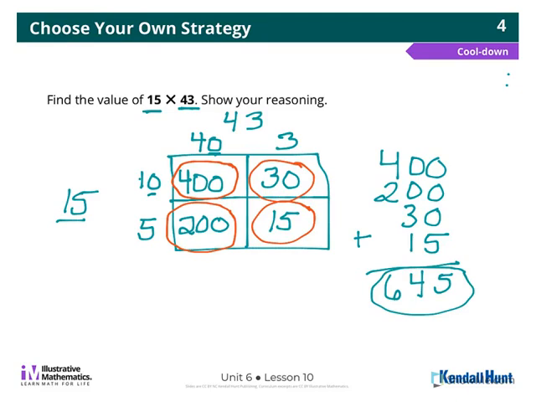Okay, many of you like to use the standard algorithm, okay? So 15 times 43, I'm going to also solve it that way. So I'm going to set it up.